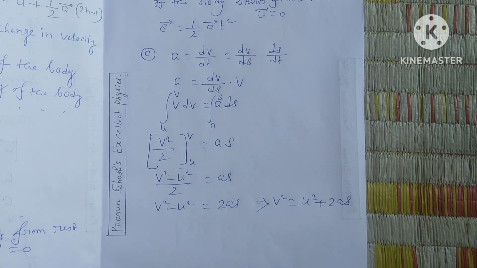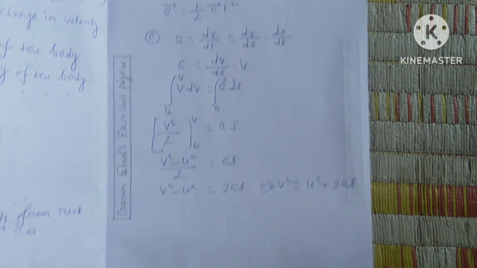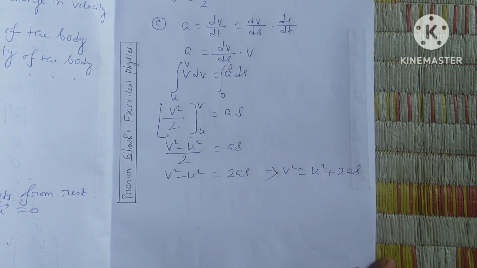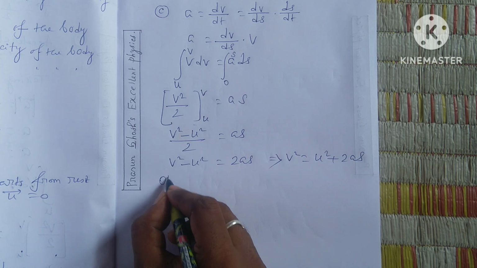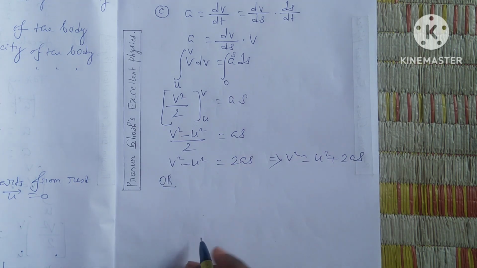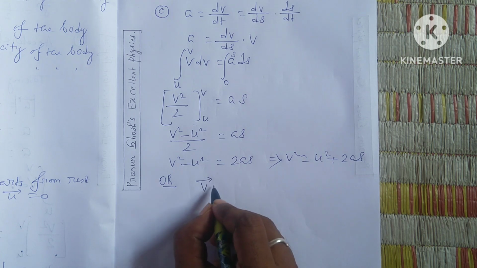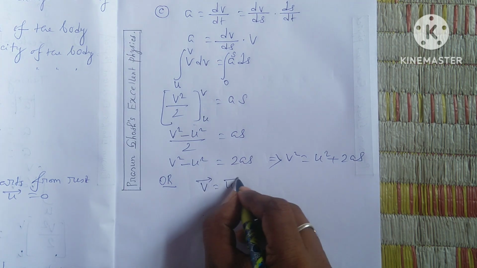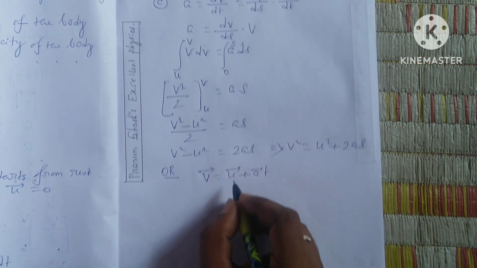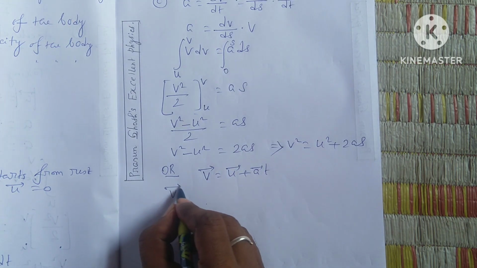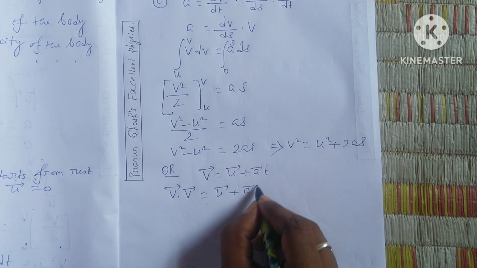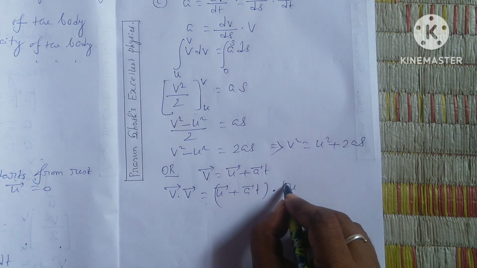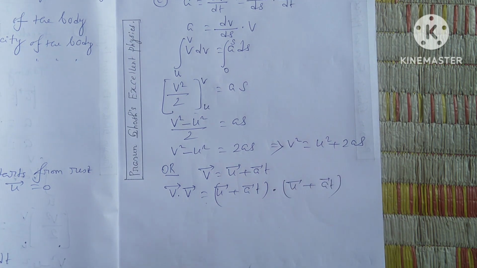So we have proved this equation, and we can also prove it with vector format. We can write v equals u plus at. So now we can write v dot v, which is u plus at dot u plus at.